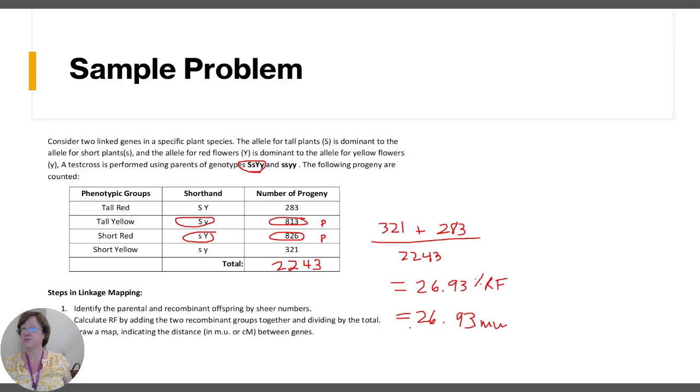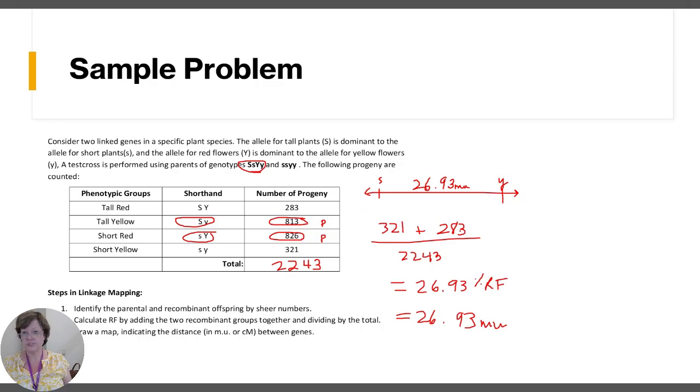So if you were to make a map, you would put the genes here, and you can put either big or little, just S and Y, because it depends on which organism and which chromosome, which allele are there, but the gene S and the gene Y are spaced apart 26.93 map units. So that's the map. You can do like a brackets or arrows or something like that.